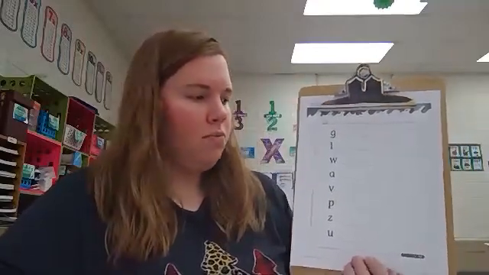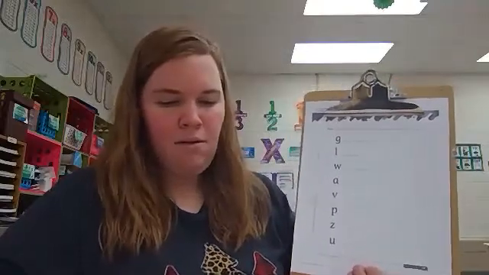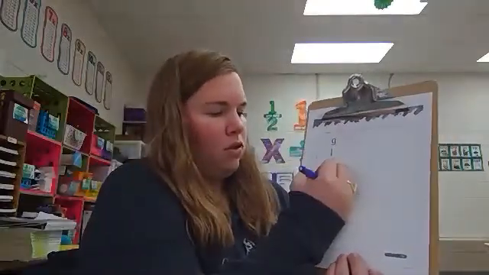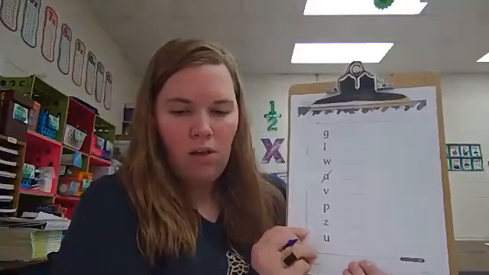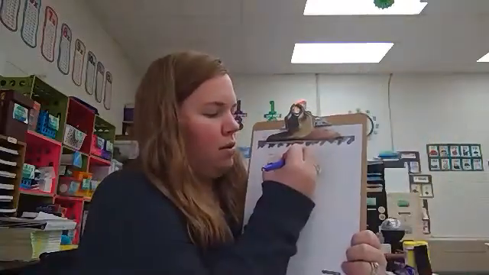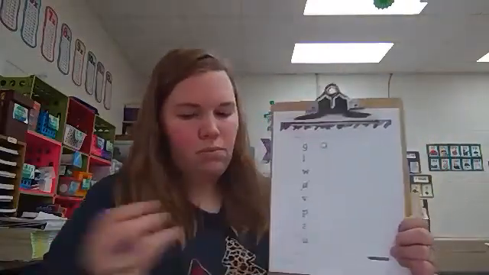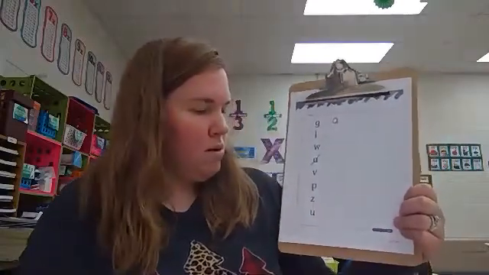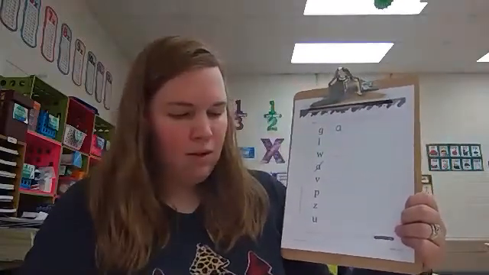So let's start. A. Here is A, so we're going to cross it out in the column and write it on the top line. B. No B's.